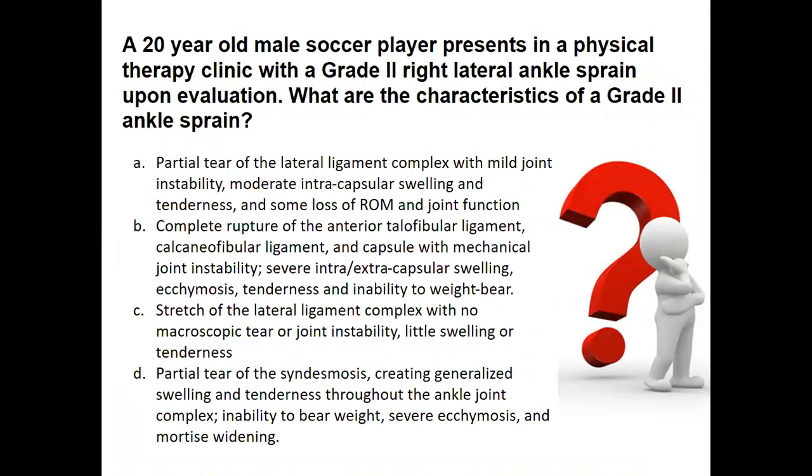There is a question like this: a 20-year-old male soccer player presents in a physical therapy clinic with a grade 2 right lateral ankle sprain upon evaluation. What are the characteristics of a grade 2 ankle sprain? We will discuss later in the technical flaws what is permissible.